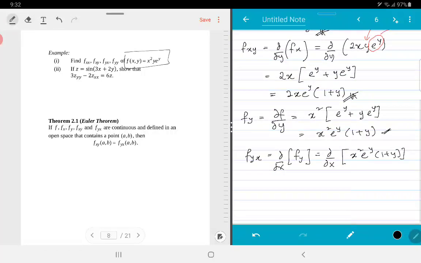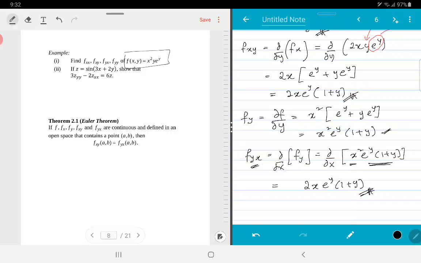Now we differentiate with respect to x, so we consider y as constant. So e^y times 1 plus y is considered constant, and we only differentiate x squared with respect to x. Then we get 2x.